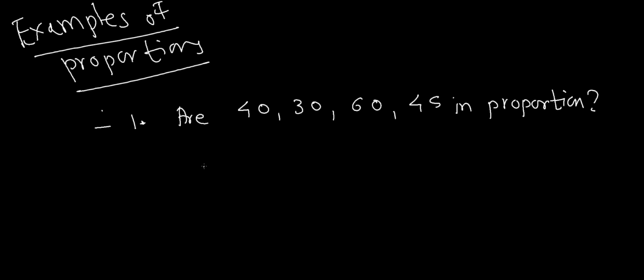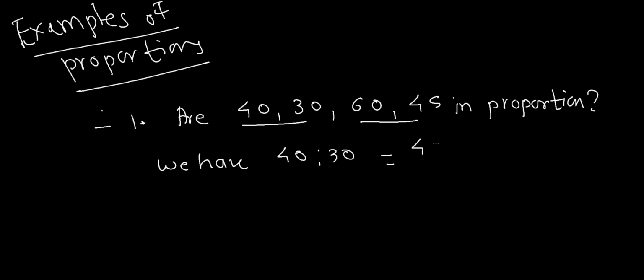So first we will look pair by pair. We have 40 is to 30, and in fraction form we write 40 by 30, and in simplified form this goes to 4 by 3.